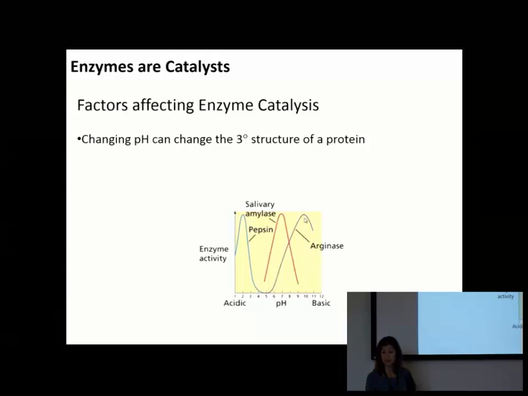I think this is really cool that the native form of pepsin is native at pH 2 because that's where it works. That's usually acidic, pH 2, but that's where it works. It works in your stomach where there's very acidic conditions.